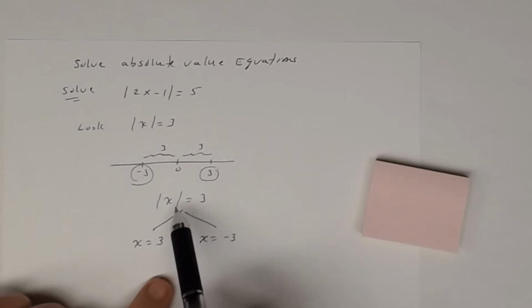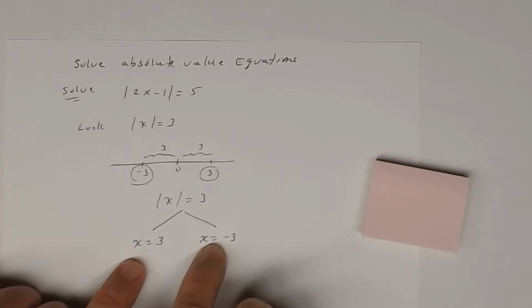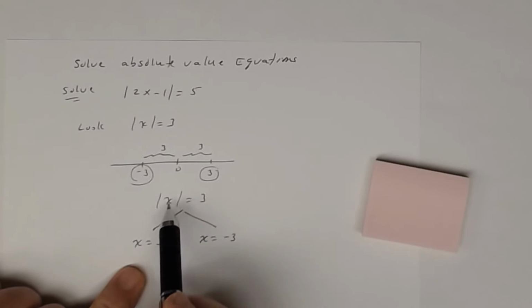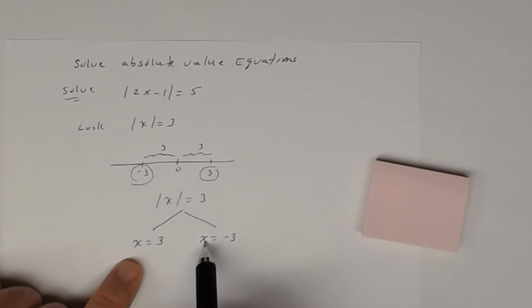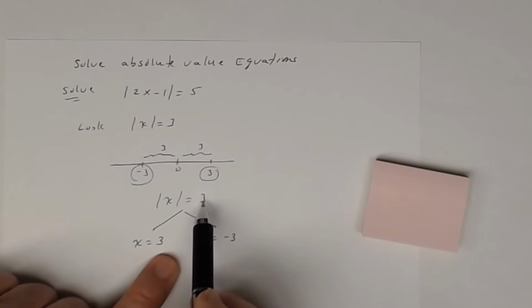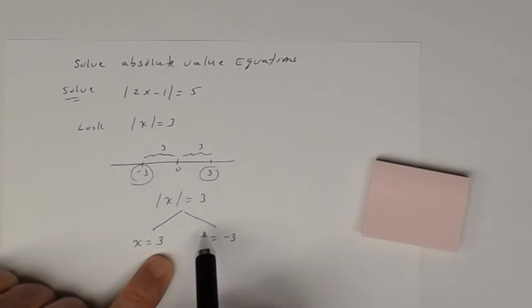What I want you to notice, and this is important, is how I rewrote this absolute value equation into two linear equations. The expression that's inside the absolute value bars is written on the left side, and notice that for the number 3, I have 3 and its opposite.